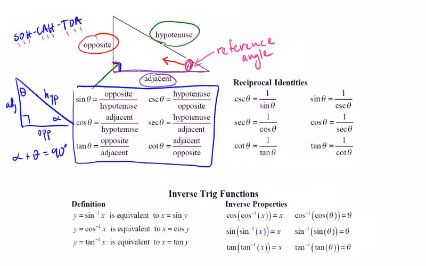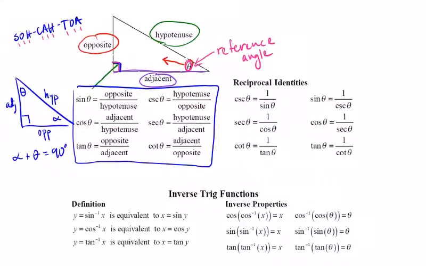Next, cosine and secant are also reciprocals of one another. Cosine is adjacent over hypotenuse. Secant is hypotenuse over adjacent. So secant is 1 over cosine, and cosine is 1 over secant.